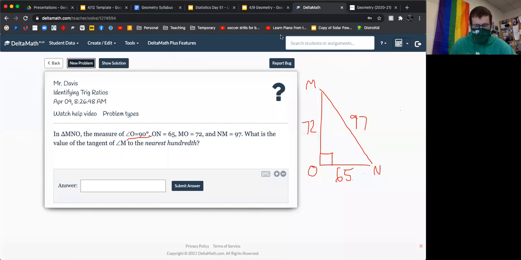What's my reference angle here? So that's what I'm trying to find.